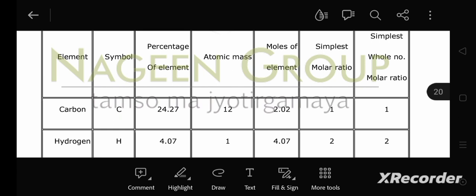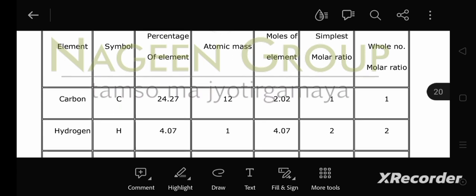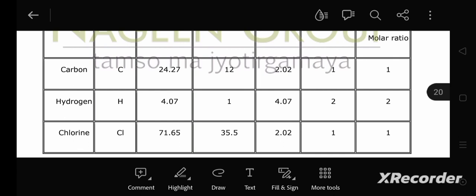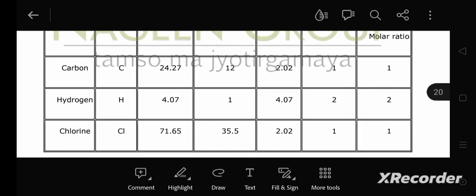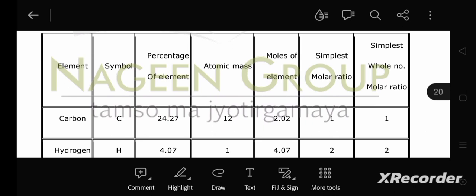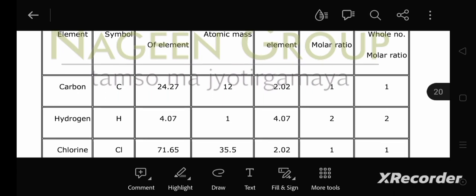Same for hydrogen, 4.07 divided by 1, you will get 4. Now 71.65 divided by 35.5, you will get 2. Here you get the molar ratio 2, 4, 2.